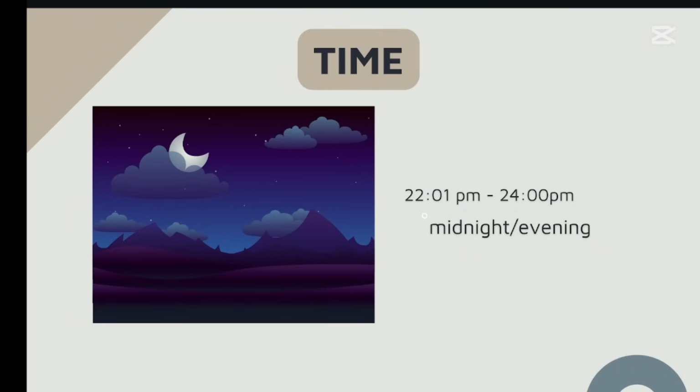And the rest, starting 12:01 p.m. until 24 or 12 midnight, is what we call the midnight and another part of the evening. So here, we use the 24 hours time to represent the afternoon and evening part of the time.